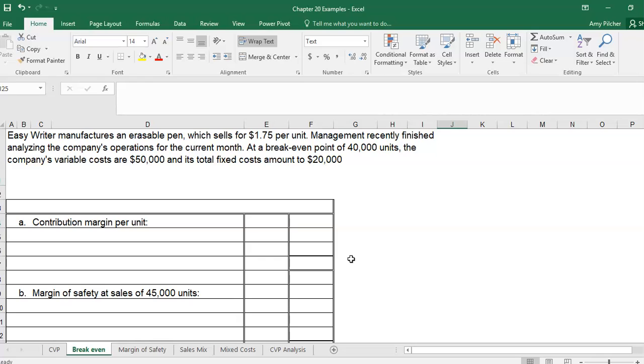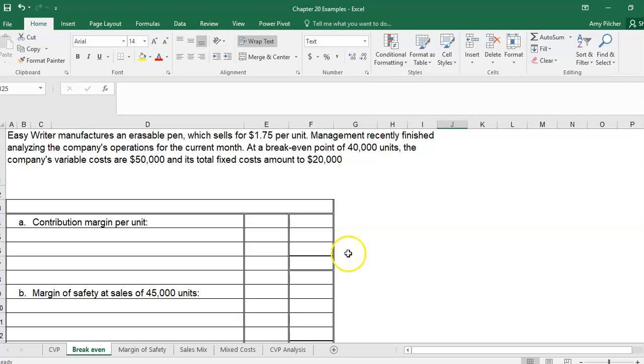It tells us that we sell pens for $1.75 each. Then it tells us that we have a break-even point of 40,000 units. And at 40,000 units, our total variable costs are $50,000. And our total fixed costs are $20,000.